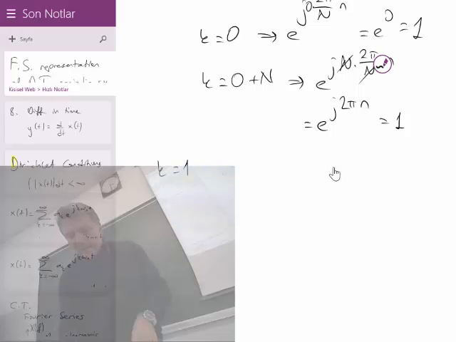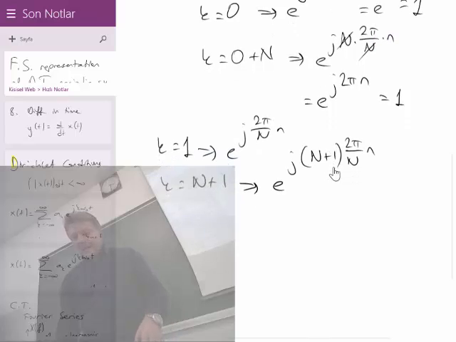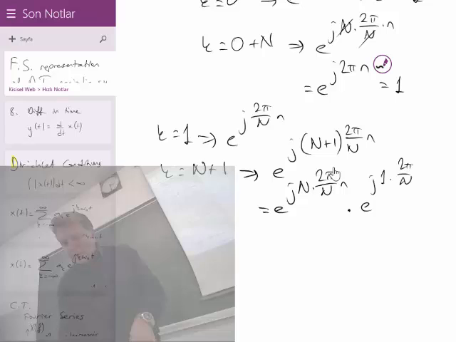In fact, if k is equal to 1, it would be e to the j 2 pi over capital N times n. And if k is equal to N plus 1, then it would be e to the j (N plus 1) 2 pi over N times n. When you expand it, it will be e to the j N times 2 pi over N times n, times e to the j 1 times 2 pi over N times n.